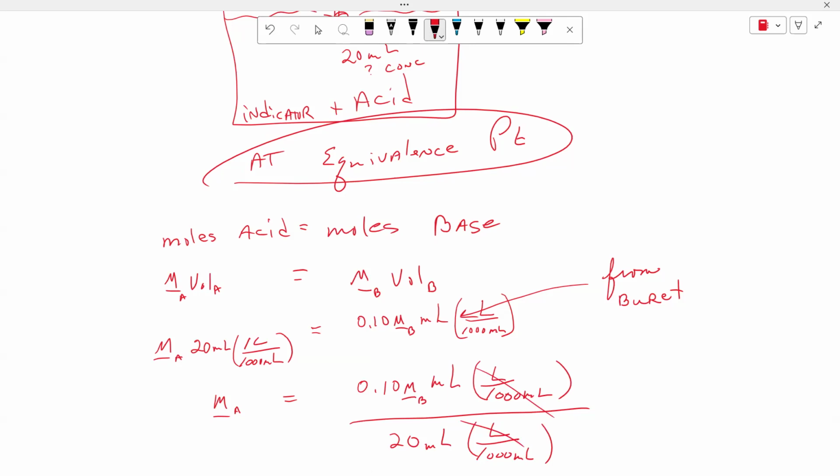Those conversion factors cancel. So that automatically leaves you with 2 less calculations to do.